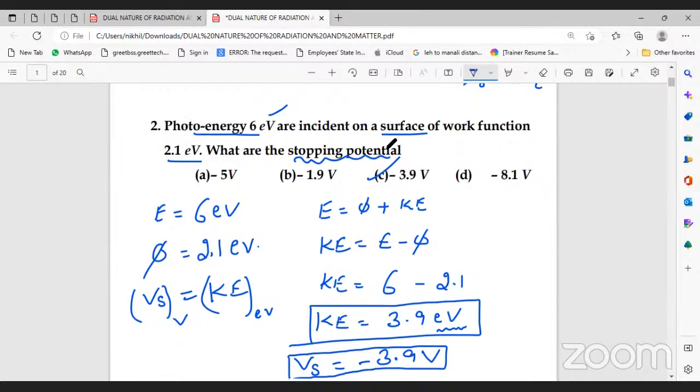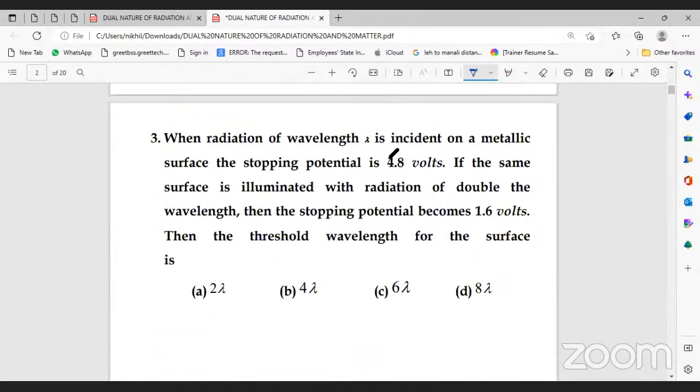Now, let us look at the next problem. Look at what they have given.